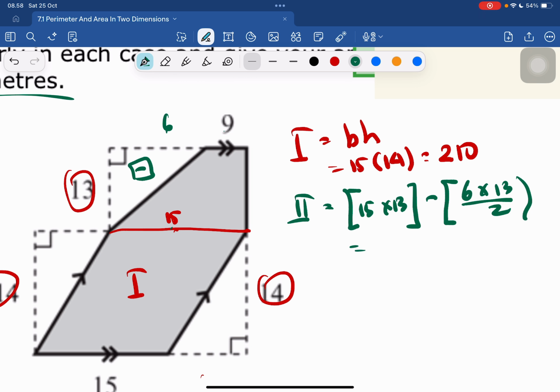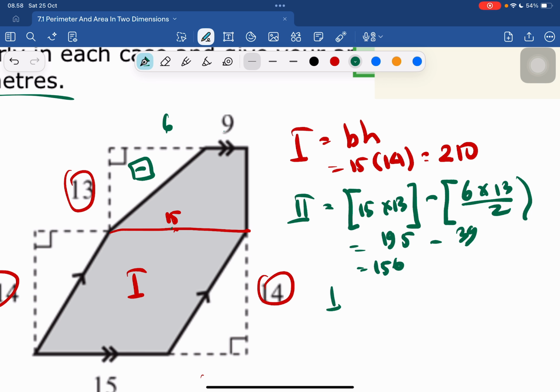So we can find it. 15 times 13 is 195, minus, we got 6 times 13 and divided by 2 is 39. So 195 minus 39, this is gonna be 156.